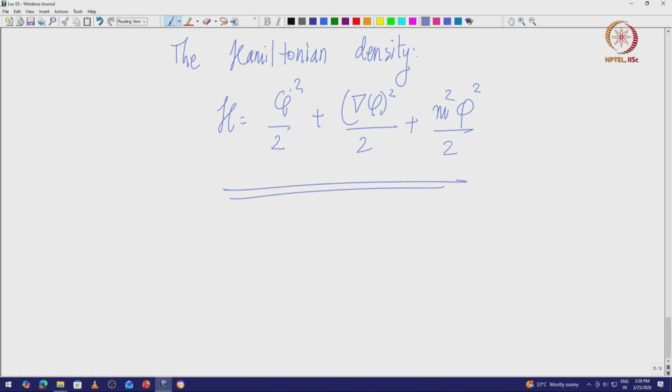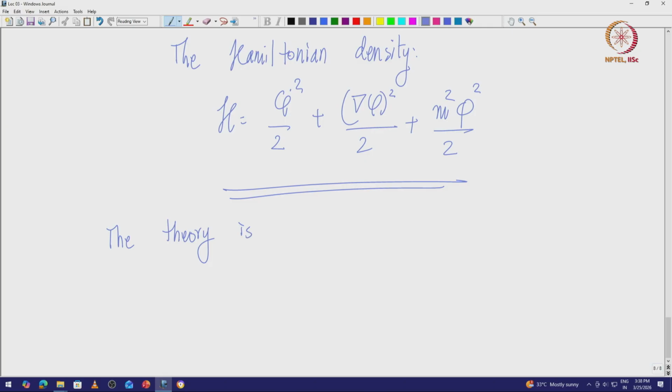Okay. Now, the symmetries of this theory are essentially, this is Poincare invariant, and it does not have any electric charge and so on.